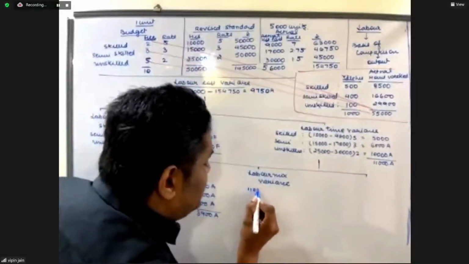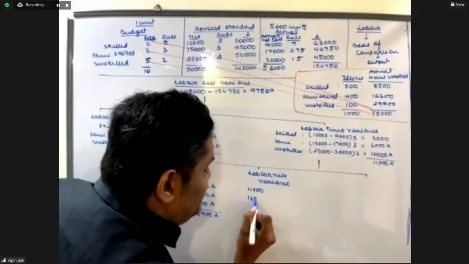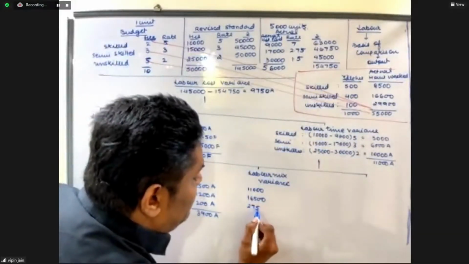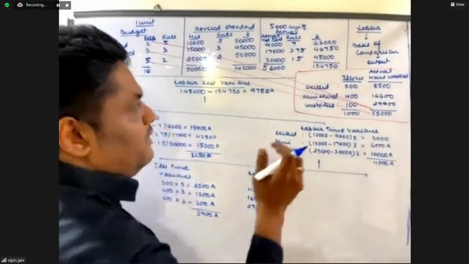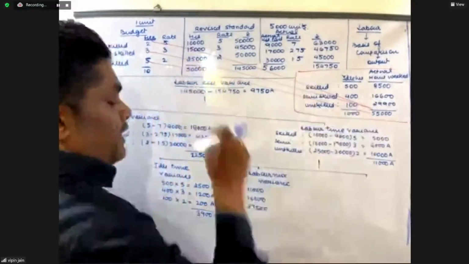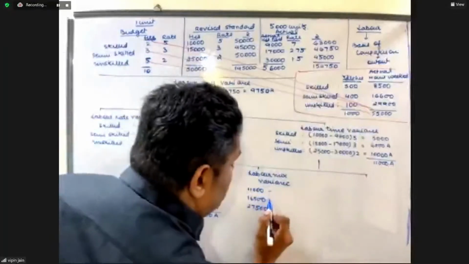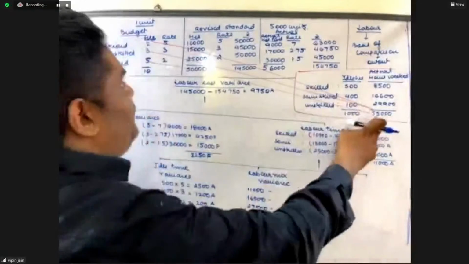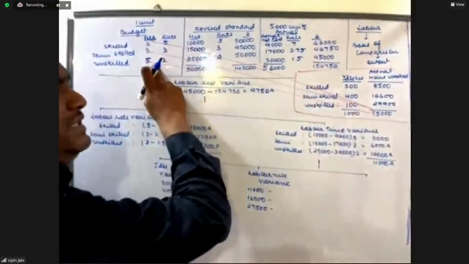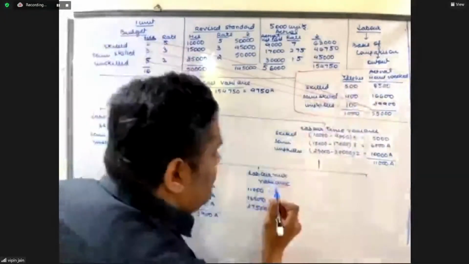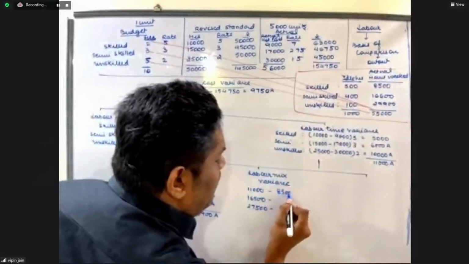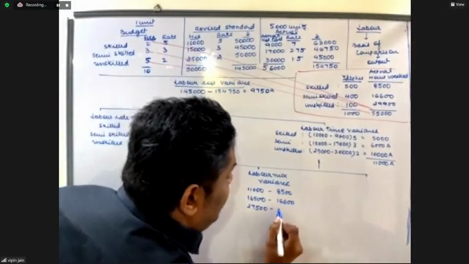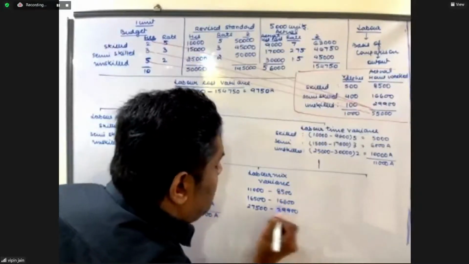This will be 11,000. This will be 16,500. And this will be 27,500. Minus, again, since we have taken 50,000 in the ratio of 2:3:5, so ours will also be 8,500, 16,600, and 29,900.